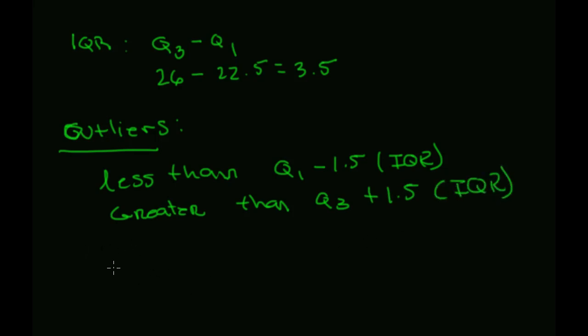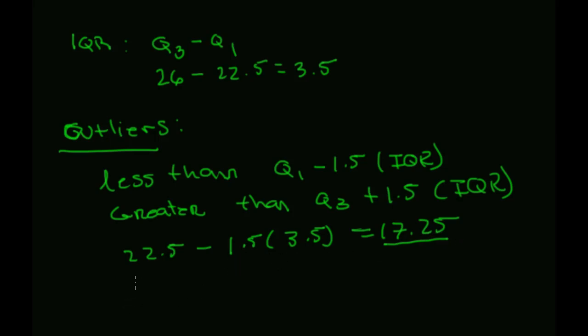Okay, so in our example here, Q1 was 22.5 minus 1.5 times the IQR, which is 3.5. And if you work the math on that, you're going to get 17.25. Okay, so this is the lower bound that we have to be below to be an outlier.